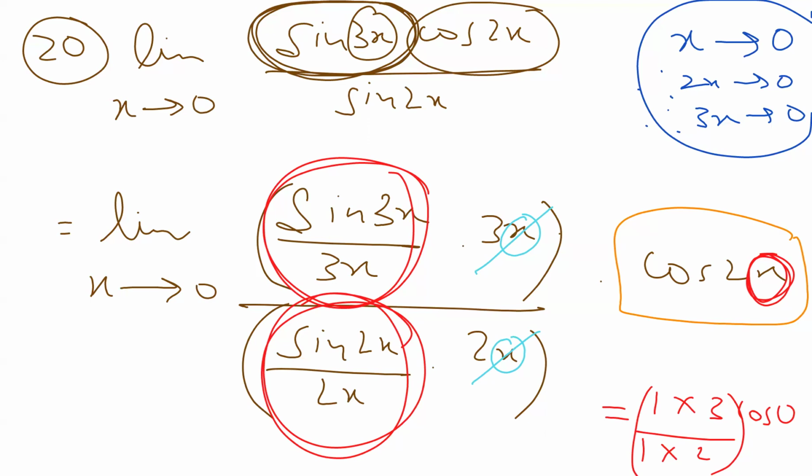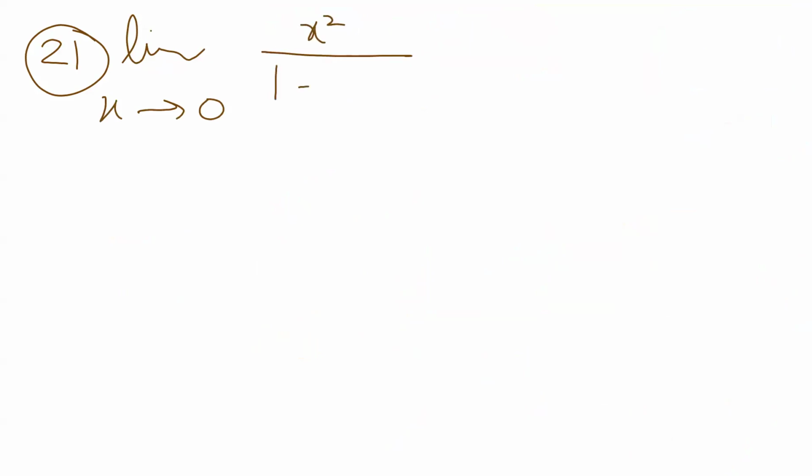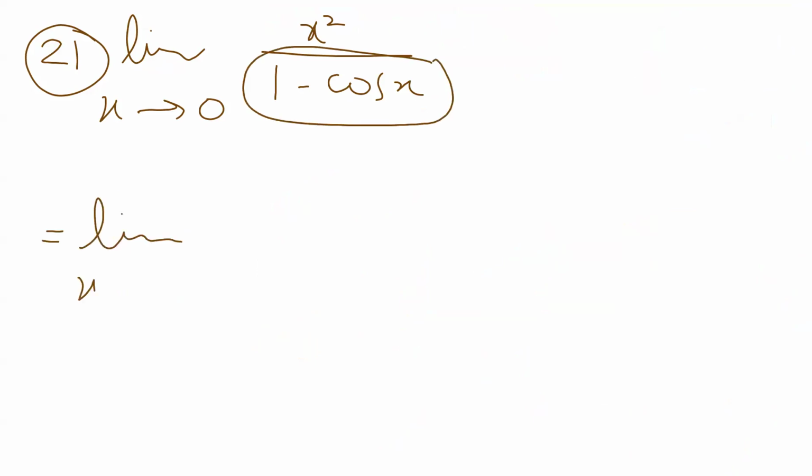Okay. This was question number 20. Let's go to question number 21. Limit x approaching 0, x square upon 1 minus cos x. 1 minus cos x, I will convert it into 2 sine square.